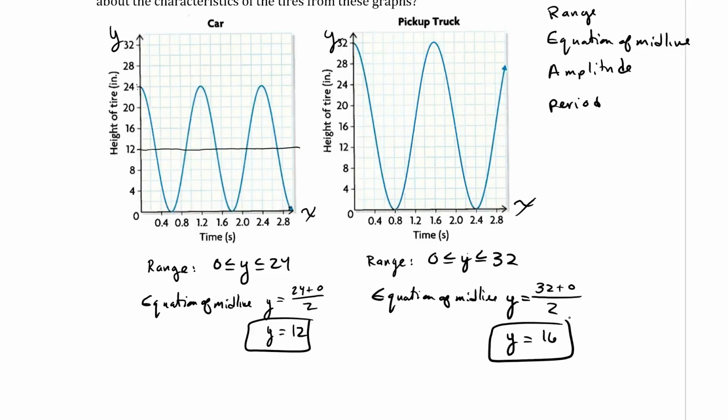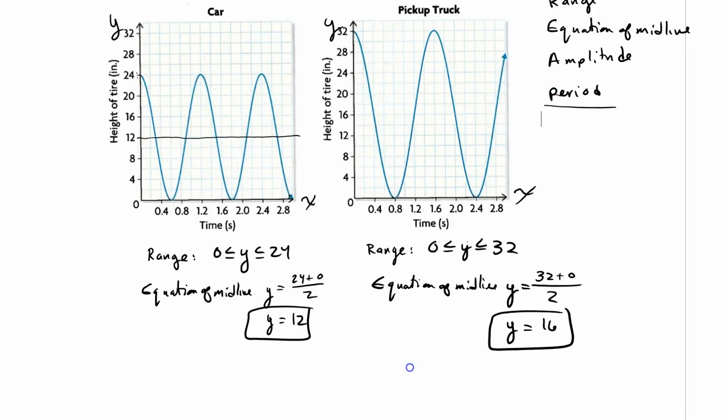So right off the hop, we know that the pickup truck not only has bigger wheels, but it makes sense that the pickup truck will be higher off the ground than, say, the car. In all honesty, the amplitude doesn't help us all that much, because we kind of figured it out from just analyzing the range and the equation of the midline. We have a good sense of how large these tires are, but let's move on to the period.